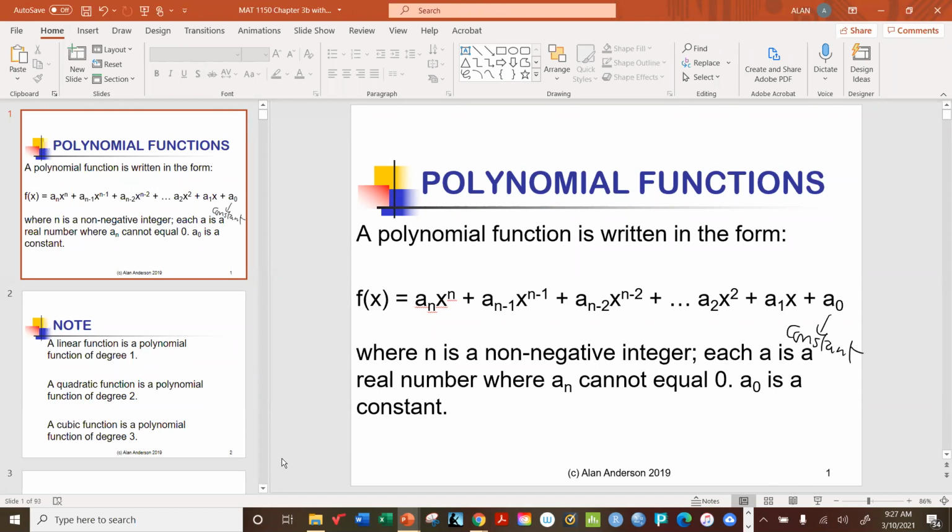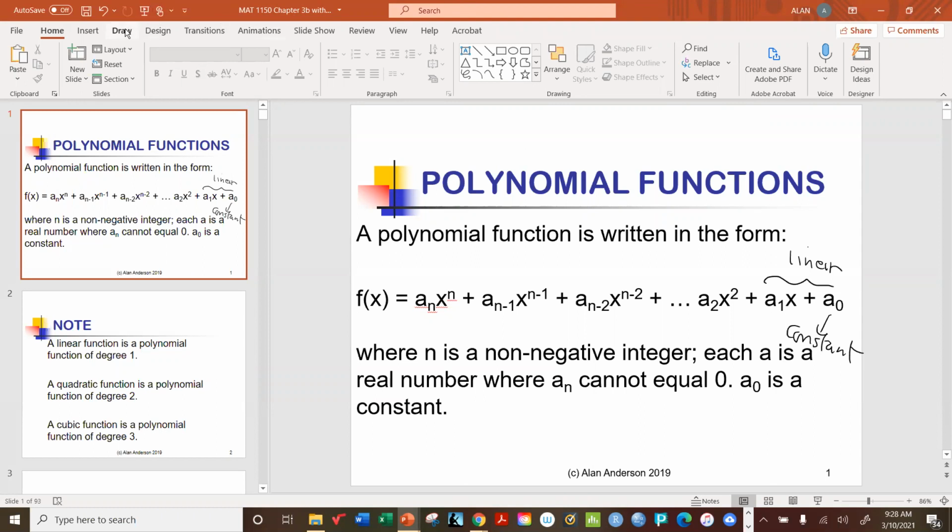So it looks scary, but it just means that the a's are the coefficients. And yes, this is a polynomial. But you might recall now, if all we have is this piece here, it is a linear function.